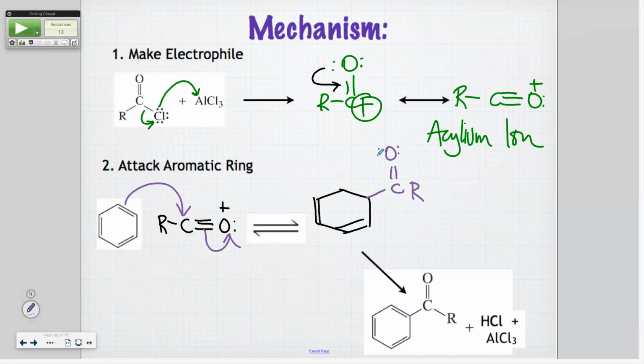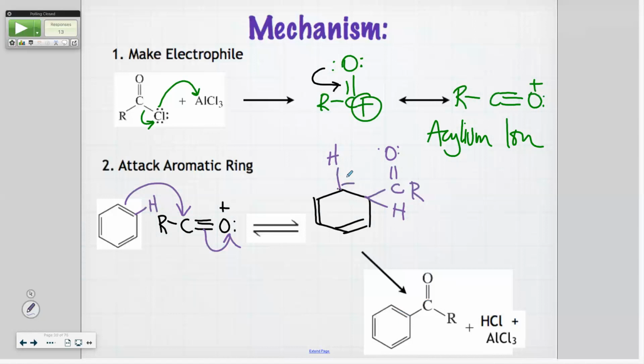What else is attached to this carbon still? The hydrogen. And there's a hydrogen on this one too. Okay, now what do we need? Base.